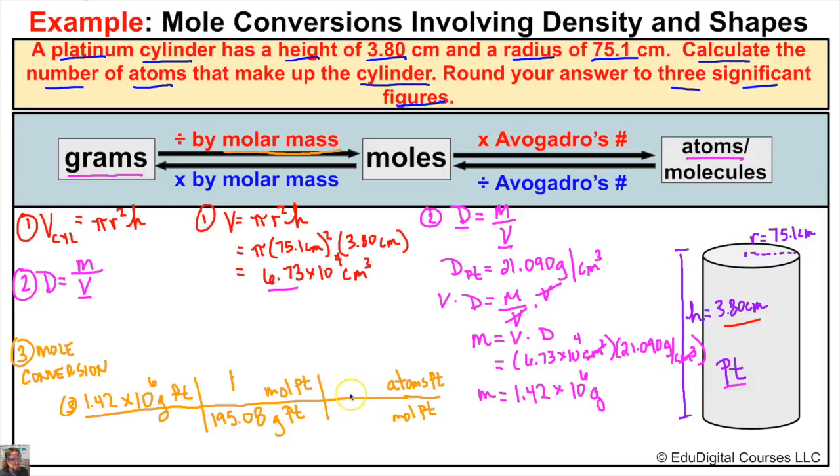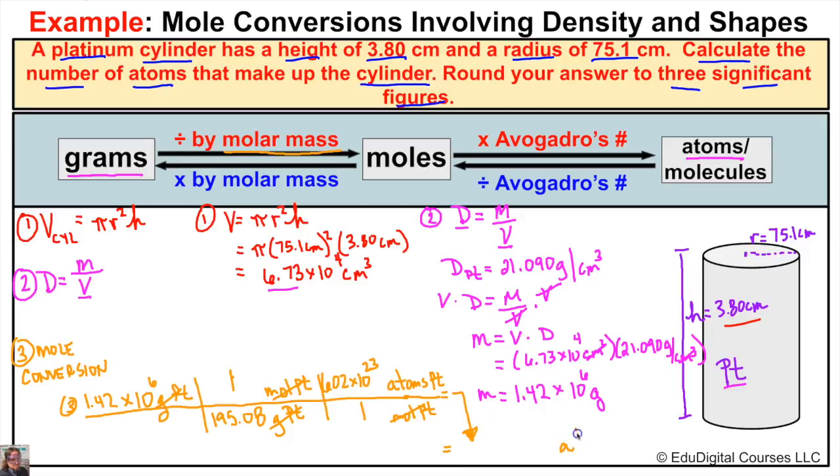And so what about right here? Well, we know that 1 mole of something is going to be equal to Avogadro's number, or 6.02 times 10 to the 23rd. So if we take a look now, grams of platinum in the numerator and denominator can cancel. Moles of platinum in the numerator and denominator can cancel, leaving us with atoms of platinum. And we'll put the answer down here.